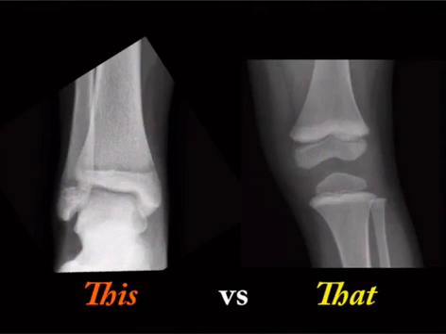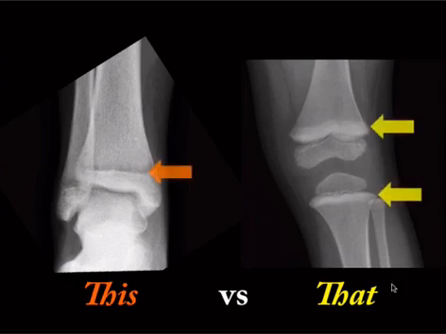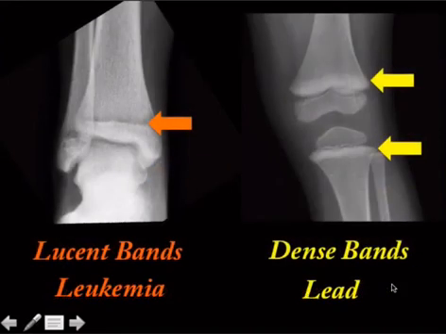All right, so next case, this is just showing the difference between a lucent metaphyseal band and a dense metaphyseal band. Now, there's a long differential you'll read about for each one of these things, like 30 things each. But the two that I want you to remember are lucent band, leukemia, dense bands, lead. Okay, so those are, I think, the most likely ones to show up.